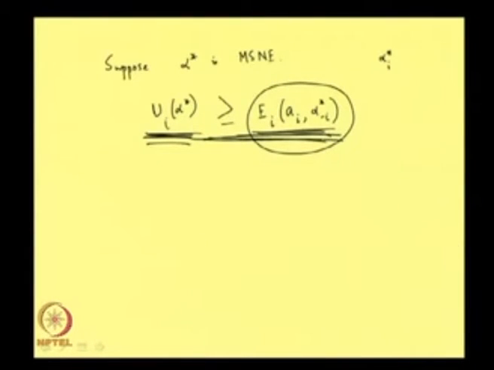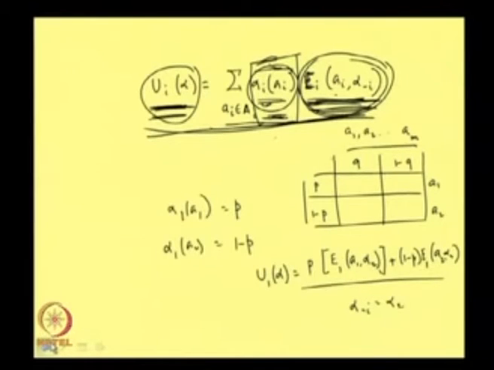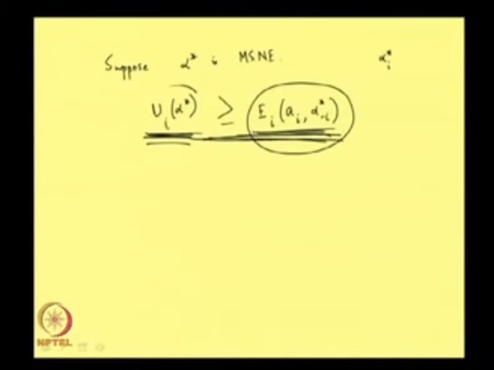That is what we are saying. The only important thing that we are saying, which is the bite of the proposition, is that for the actions for which the alphas are positive, it must be the case that these ei's are all equal, and the equal value is equal to this.